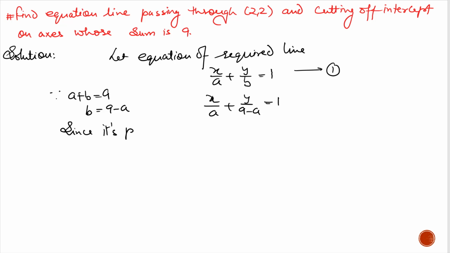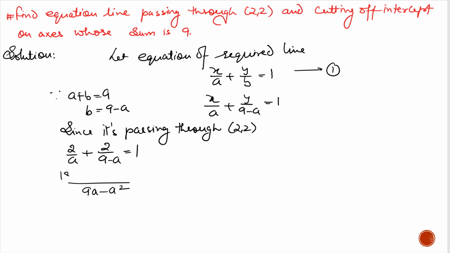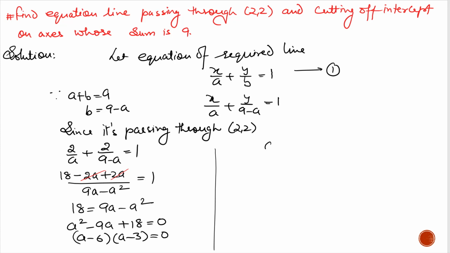Since the line passes through (2, 2), it will satisfy the equation of the line. Replace x and y by 2 and 2. So we have 2 divided by a plus 2 divided by (9 minus a) equals 1. After simplification, we get the equation a squared minus 9a plus 18 equals 0, so a equals 6 or a equals 3.